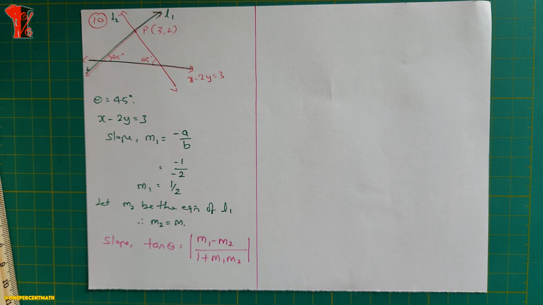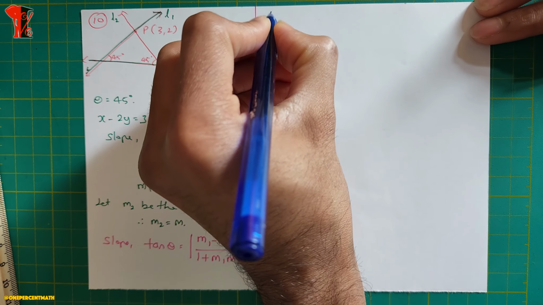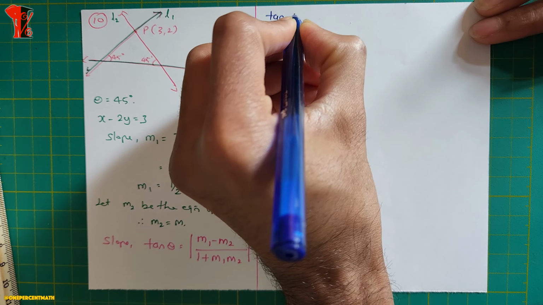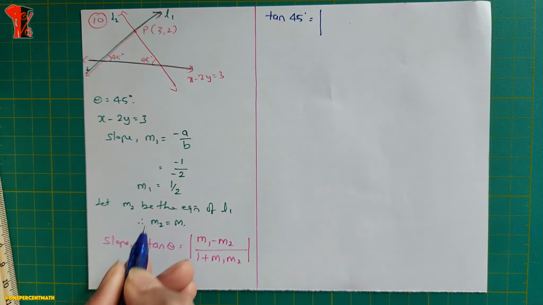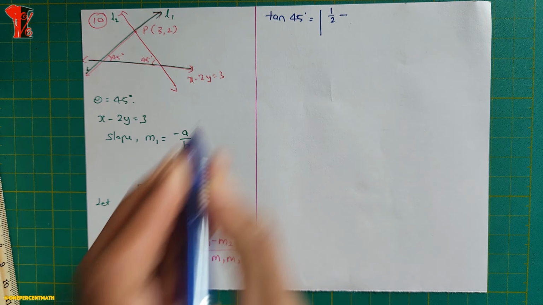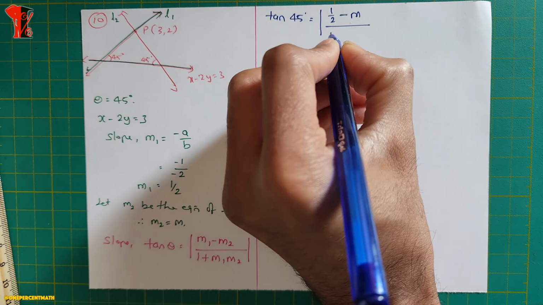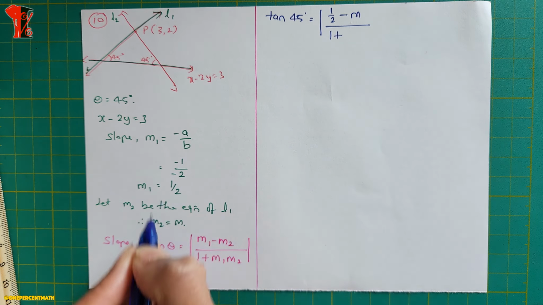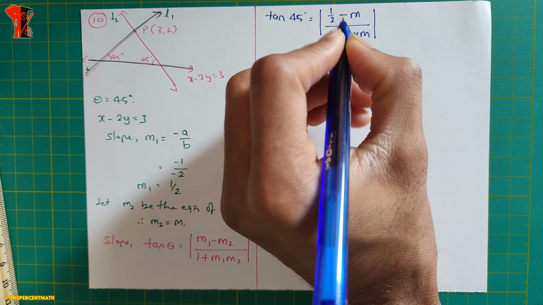So let us use it as it is. Okay, so tan theta, so theta is 45, right? It becomes tan 45 degrees equals the modulus of m1 which is 1 by 2, minus m2, divided by 1 plus m1 which is 1 by 2, correct? So 1 by 2 into m.